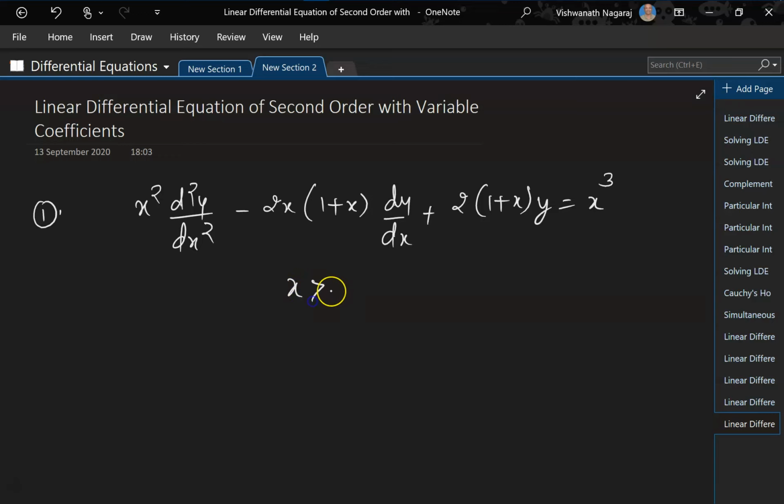One is that x is greater than 0, and second is y of 1 is equal to half and y prime of 1 is equal to 1.